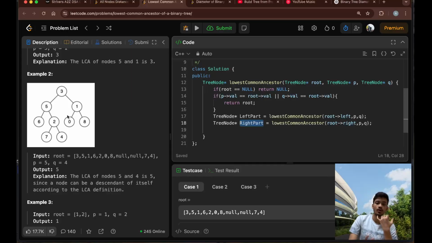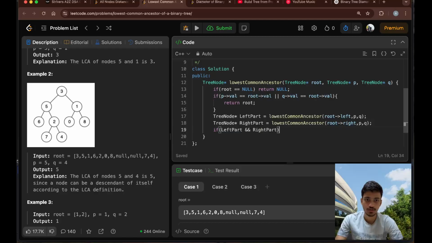If both of them are not null, if left part and right part are not null, then we have got what we wanted.